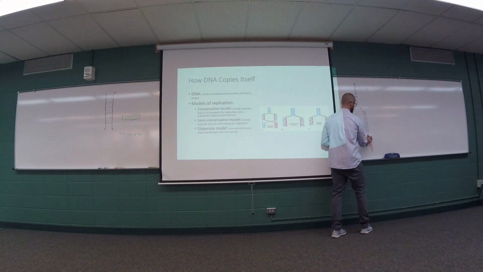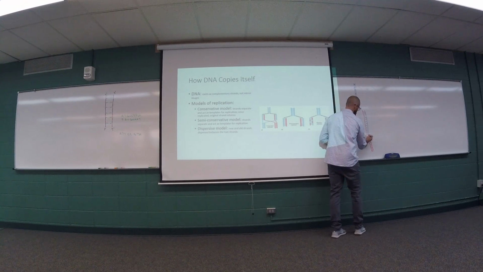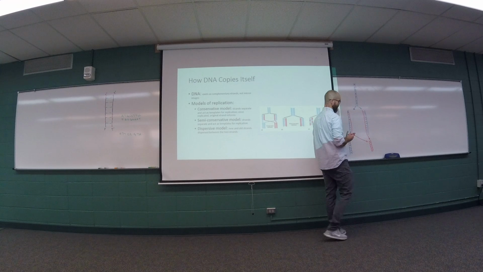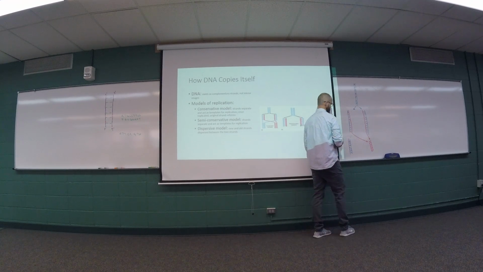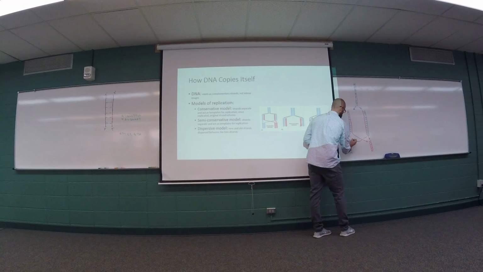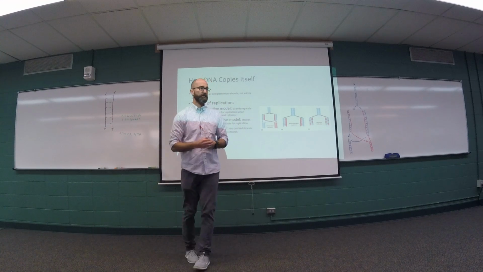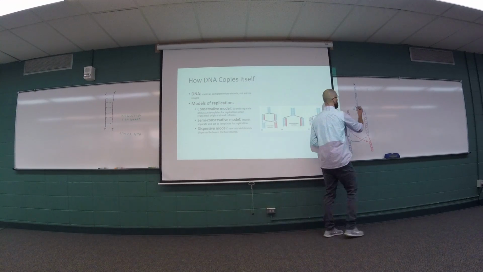I should draw these arrows a little bit differently so that makes more sense. So this one comes over here, this one comes over here to make that. This one comes down here, and this one comes over here, like that. This is the conservative model.